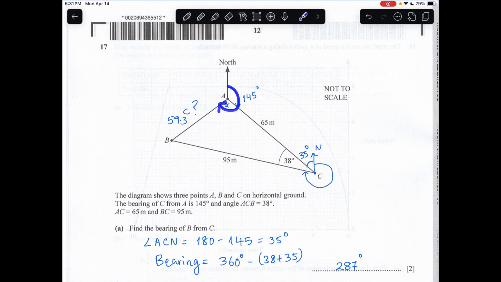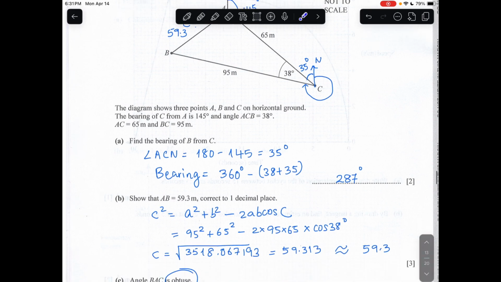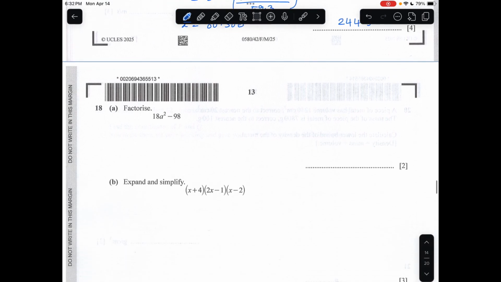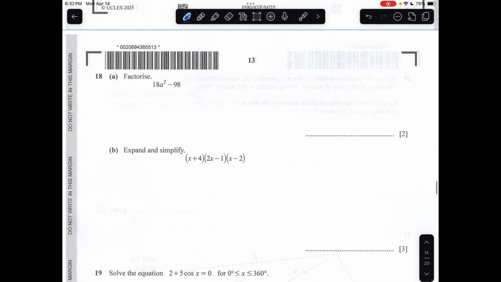So we add 145 plus the angle that you calculated. So the bearing is 145 plus 99, and I would round it off to one decimal place. So this works out to be 244.5 degrees.